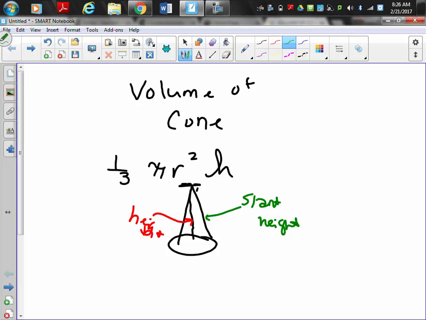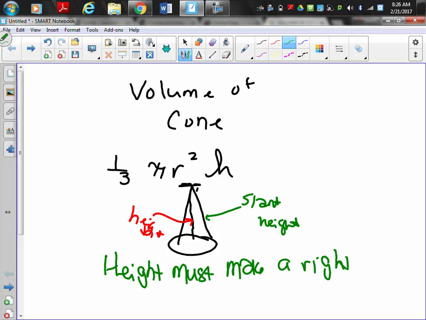Height must make a right. What in the world do I mean when I say height must make a right? Brittany, a right what? A right angle. Good. So we know height must make a right angle.